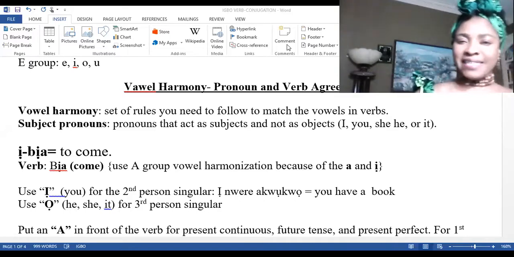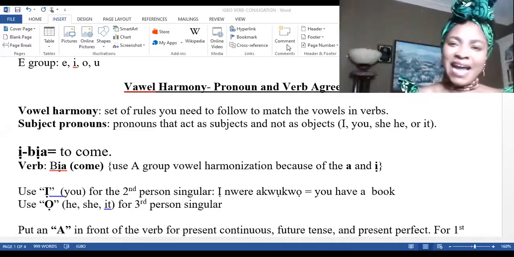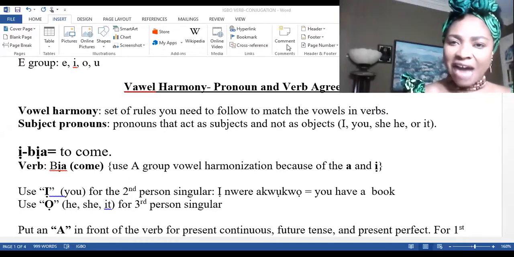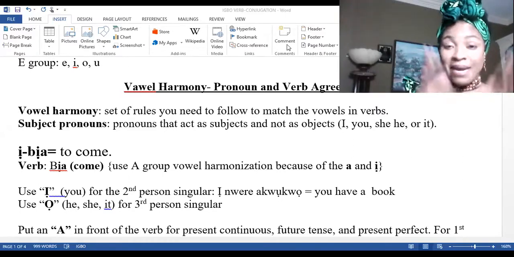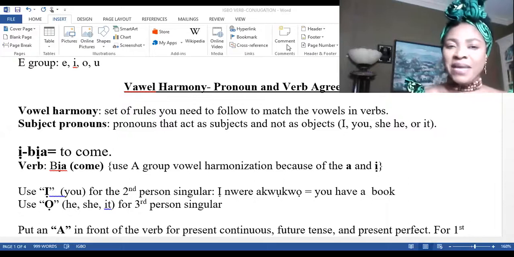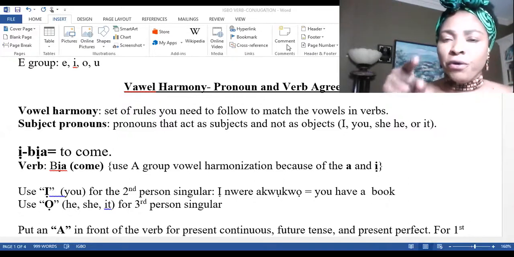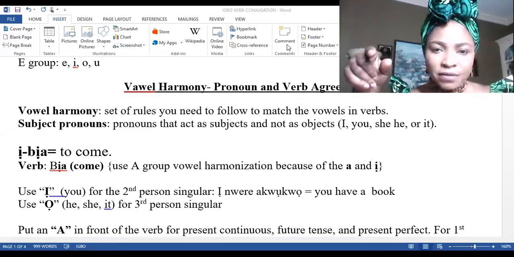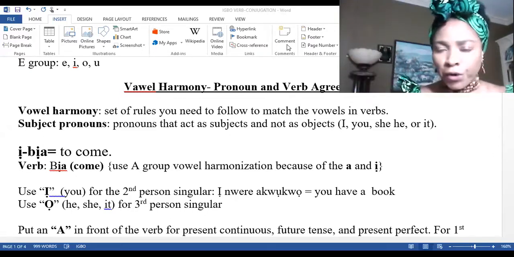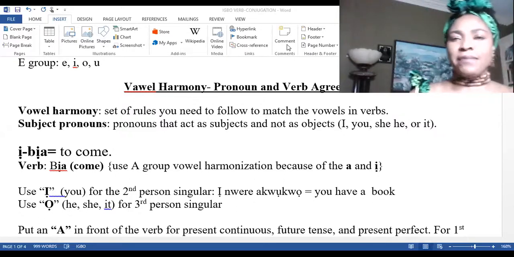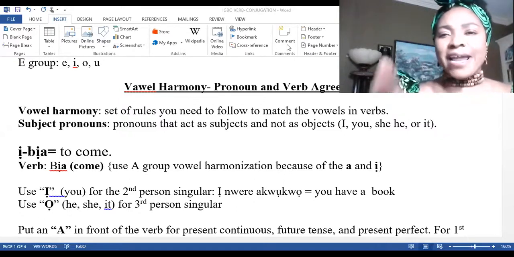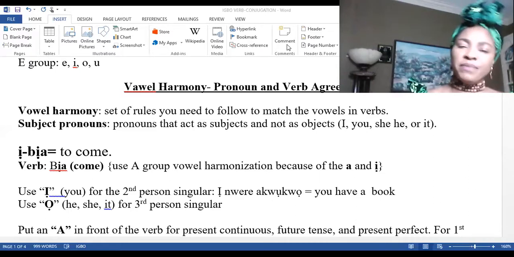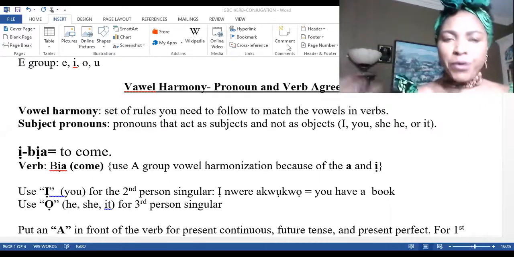Now, the second person, when you're looking at somebody and you say, you have a book. And remember, I said direct talk. It means I, you means I. Nwere means have. Akwụkwọ means book. So I look at you and say, Chima, I nwere akwụkwọ. It means you have a book.